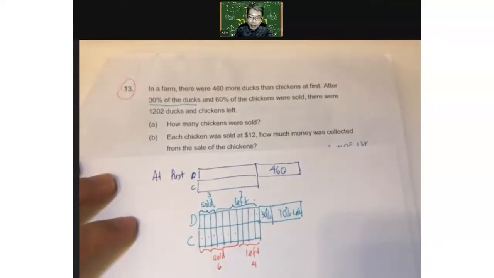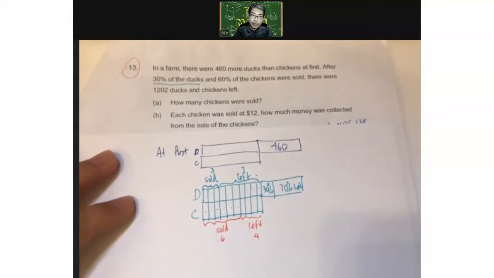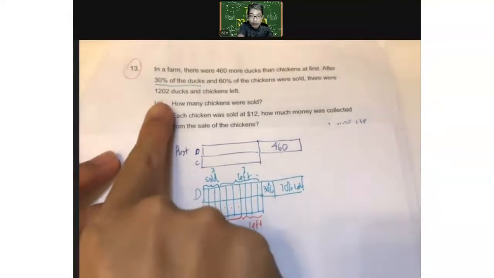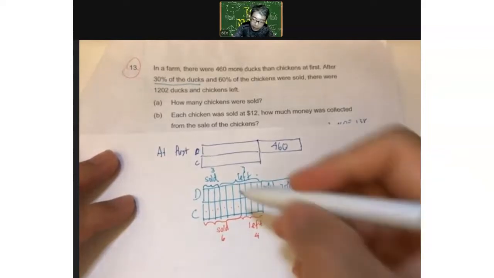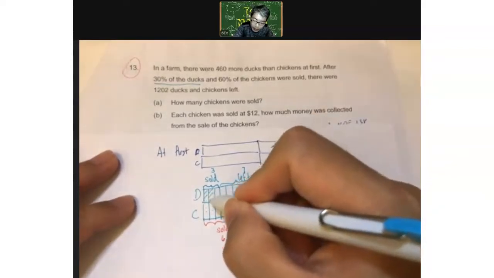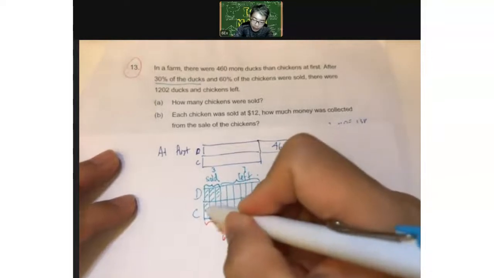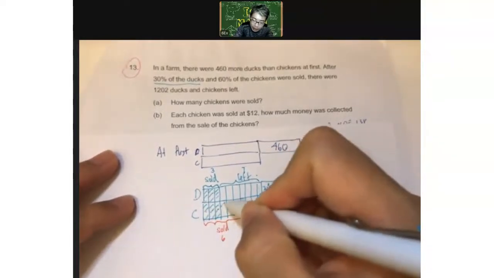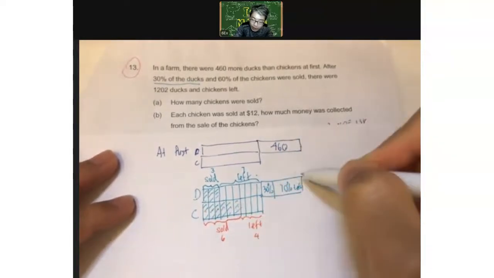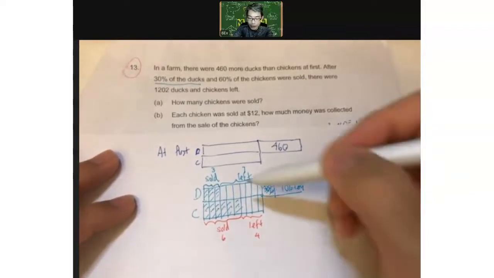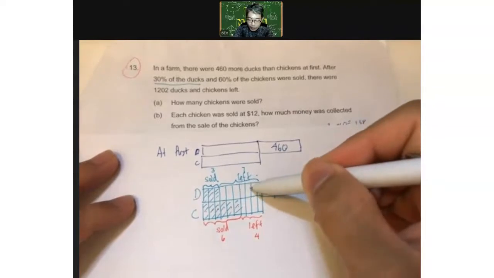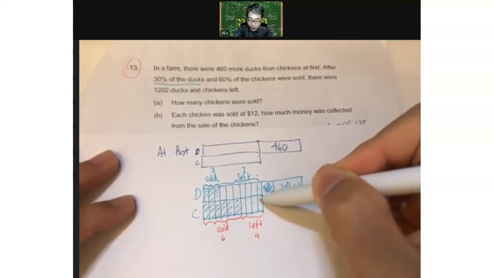And after that, let me redraw one more time so I can represent it by the 1,202. After selling away this, what were left? 1, 2, 3, 4, 5, 6, 7. 1, 2, 3, 4.